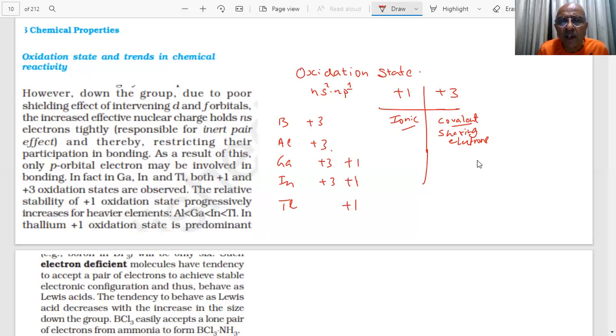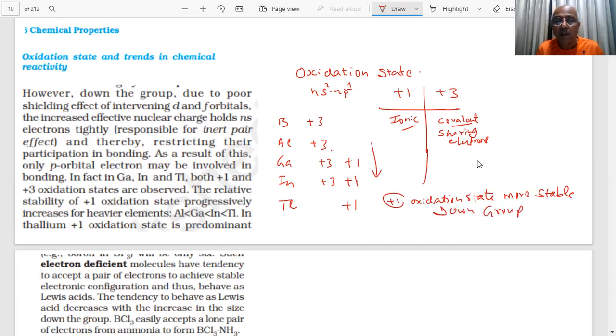What is the important point here? As you go down the group, the +1 oxidation state becomes more stable. So much so that for thallium, the dominating oxidation state is +1.